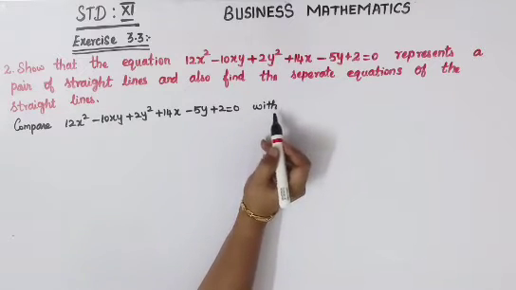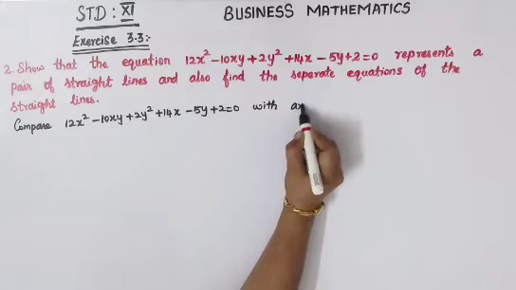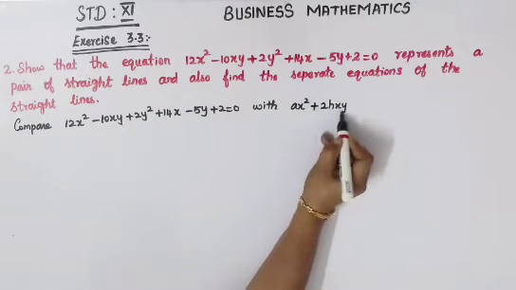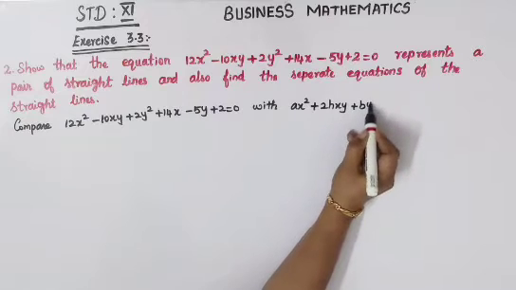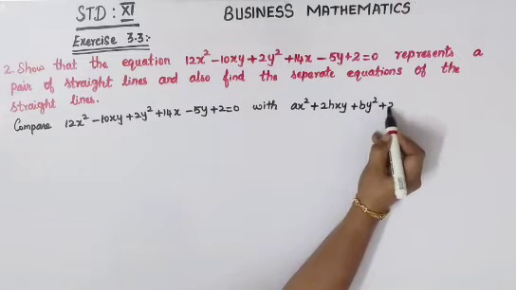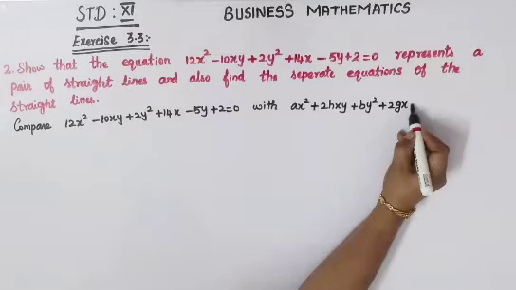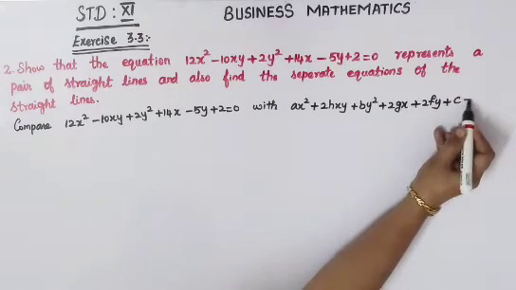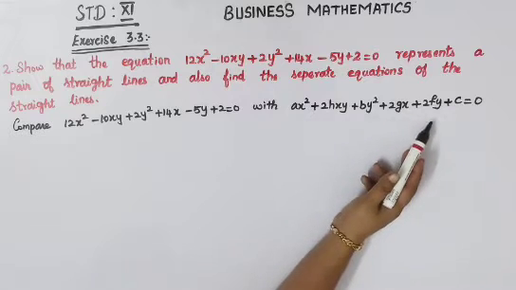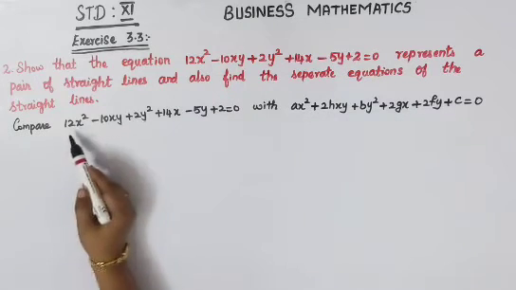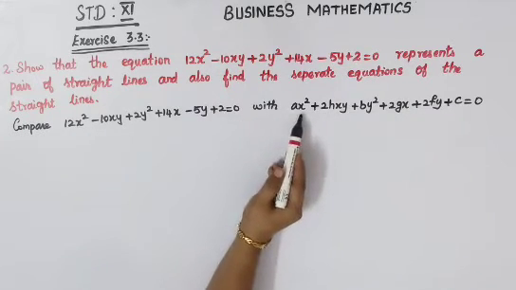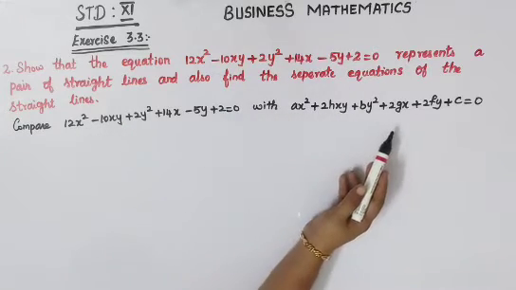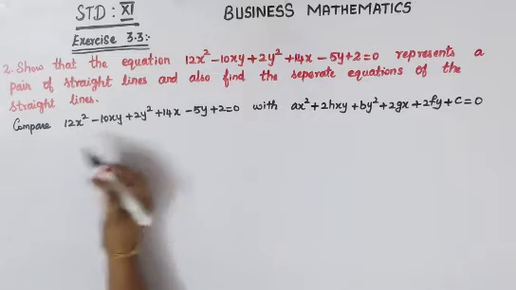The general equation is ax² + 2hxy + by² + 2gx + 2fy + c = 0. So comparing with this, you can see the coefficient of x², xy, same thing will be there. So you can compare it and write it as a.